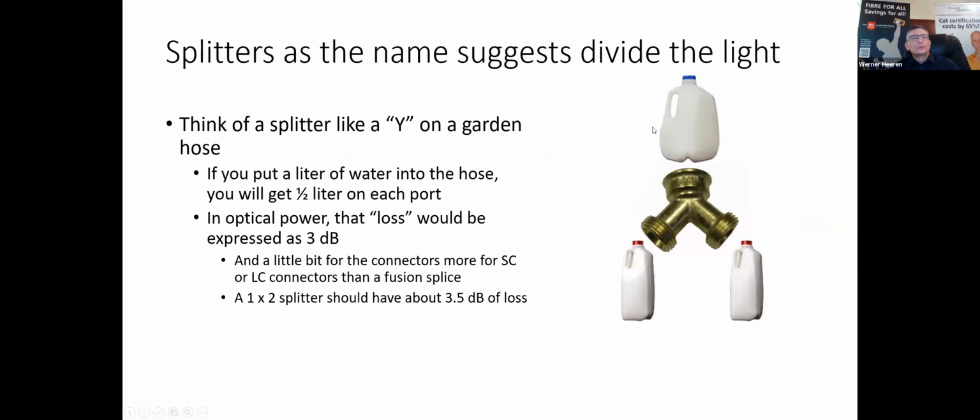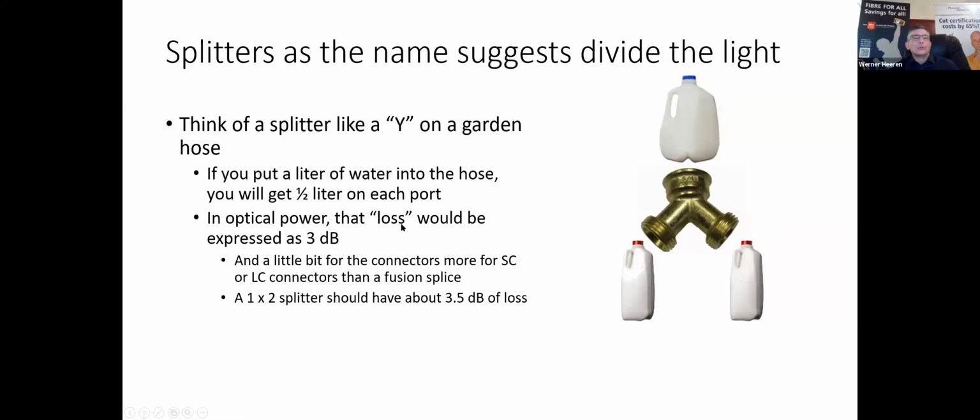You put 1 liter of water on one side, and you cannot suddenly make extra water. So the 1 liter of water will be divided in 2, and you get half a liter on each of the 2 exits, but that means you have less water.